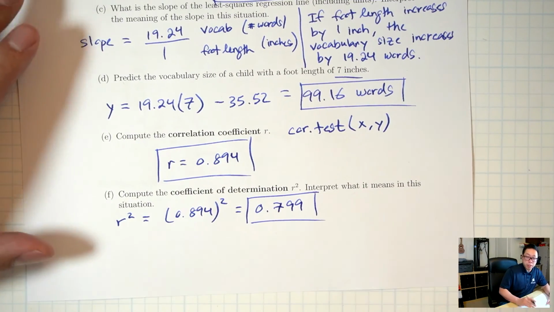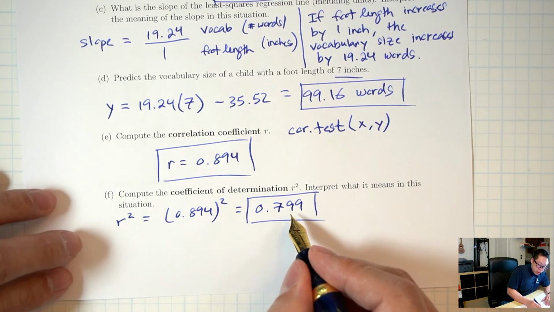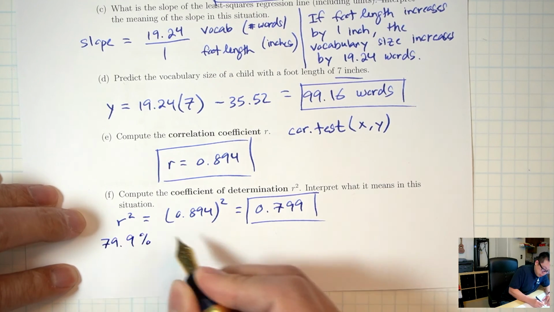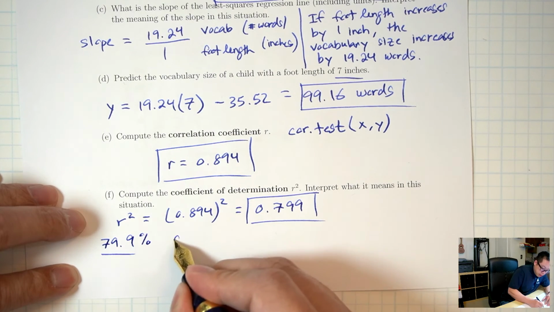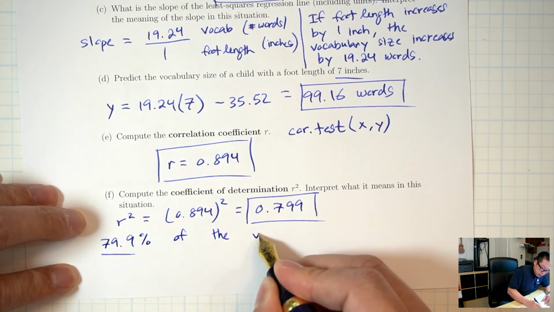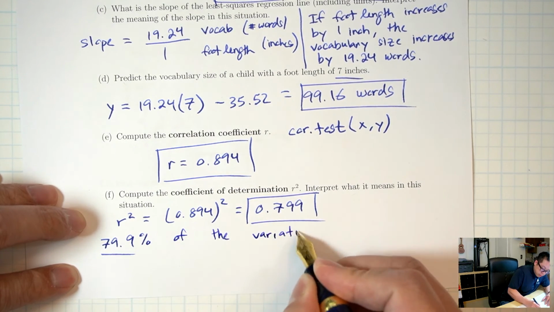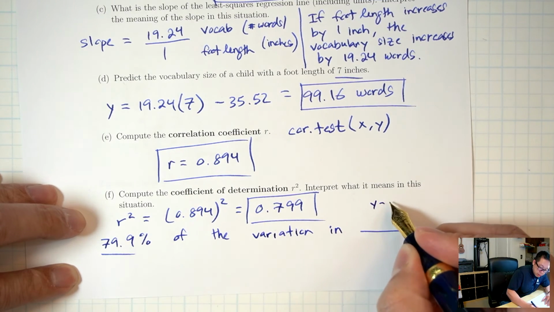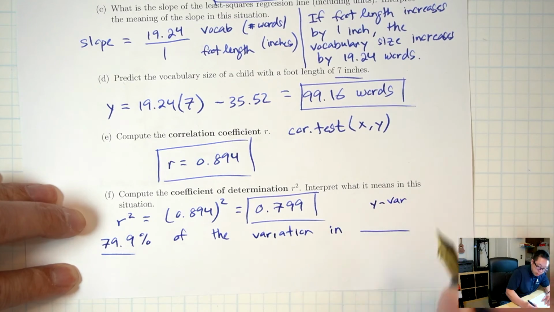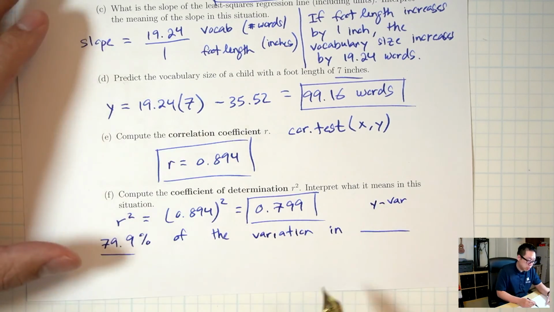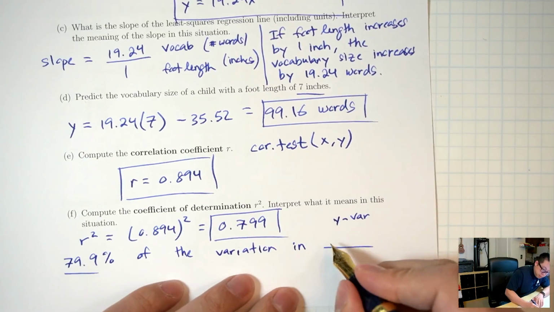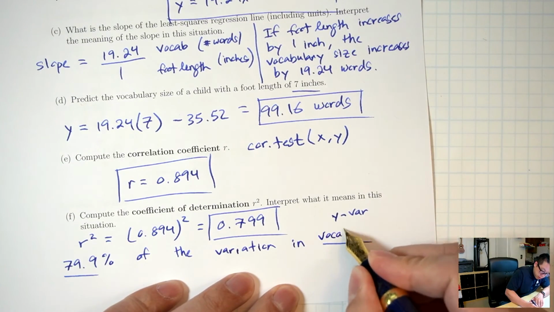And then the interpretation. Convert this to a percent. That's 79.9%. So 79.9% of the variation in, and you're going to write down the Y variable here, vocabulary size. We'll write vocab size.